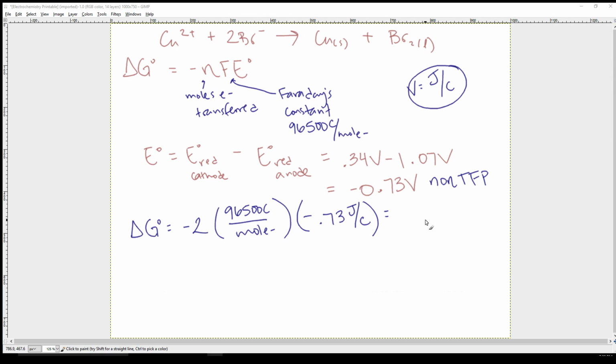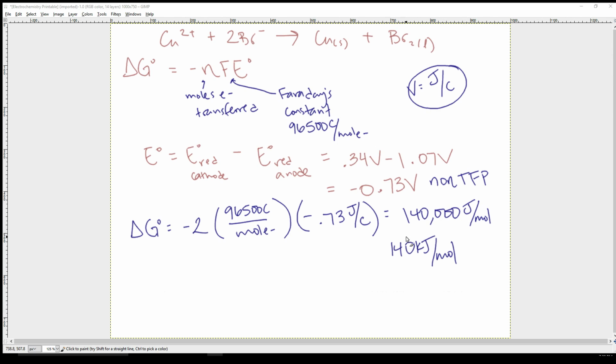So G is going to come out to 140,000 what? Joules per mole. Okay, so let's convert that to kilojoules. 140 kilojoules per mole. All right, I think that's it.